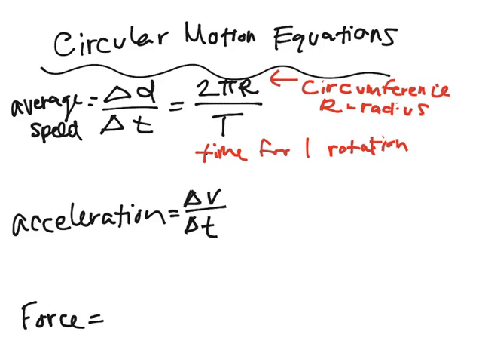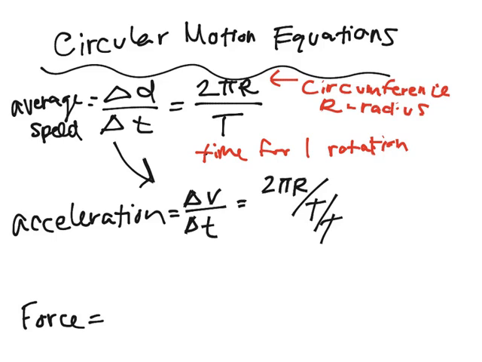So we already figured out that this is velocity or speed, so you can say 2 pi r over T again. However, this starts to become an issue because it's harder to measure acceleration this way.